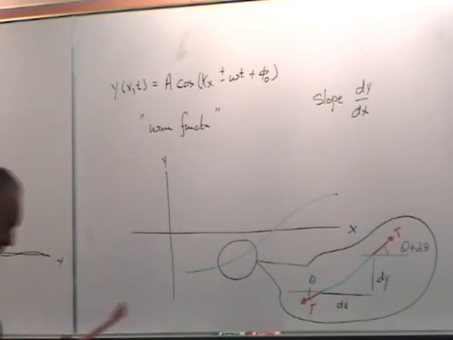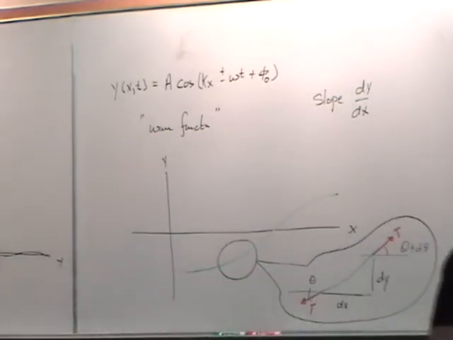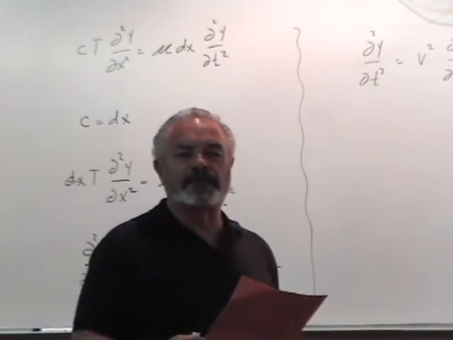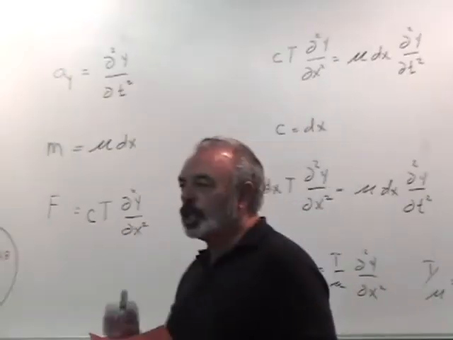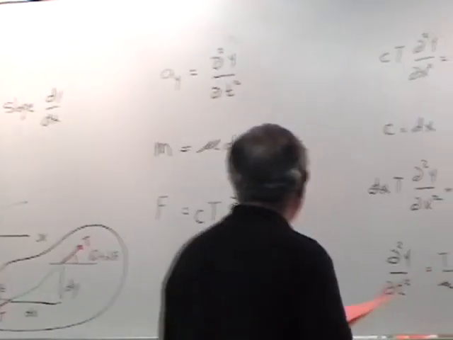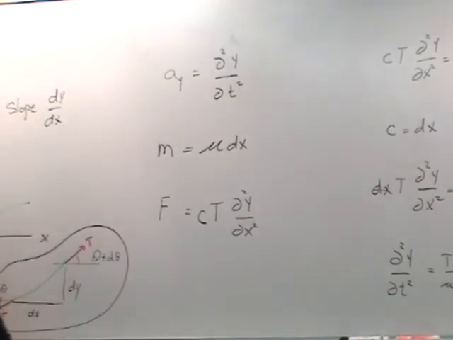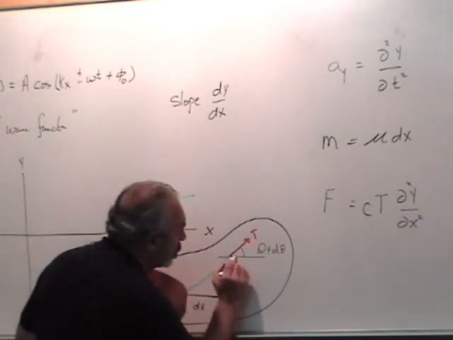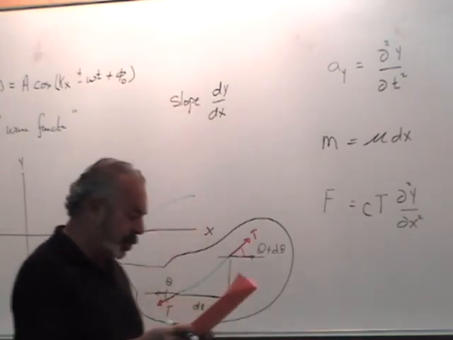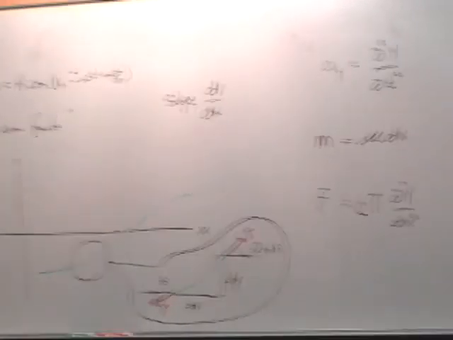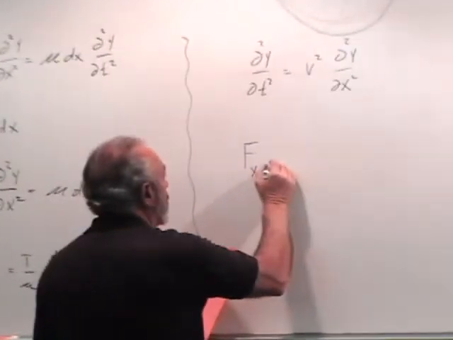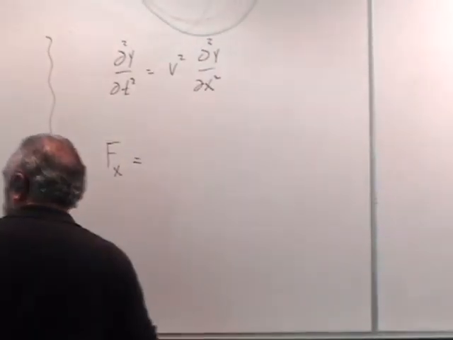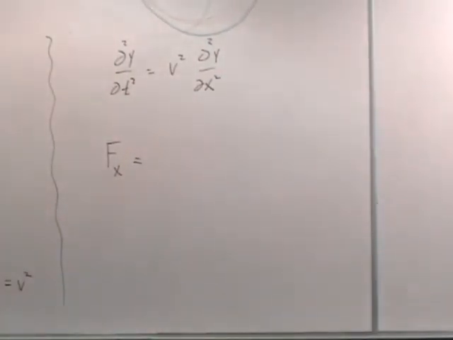All right. Now, having made those two assumptions, let's now look at the force from the two x components. Okay, if we're looking at the string, and we're going to look at the two x components, the force horizontal from this tension and the force horizontal from this tension, of course, the way you do that is as follows. The net force in the x direction is going to be, well, in the positive direction, it is T times the cosine of that angle.